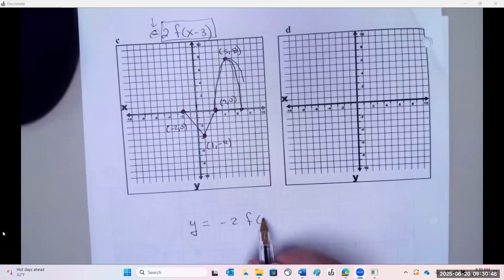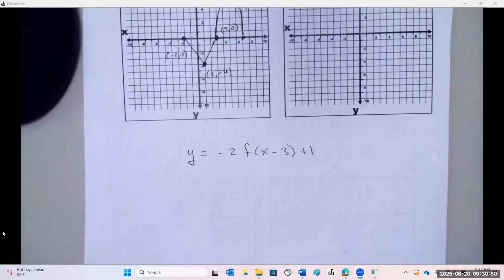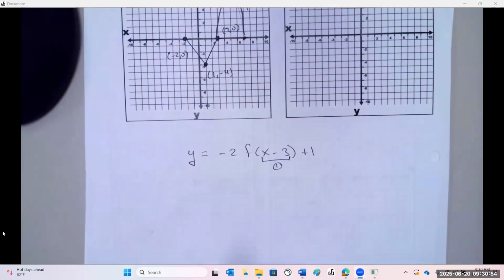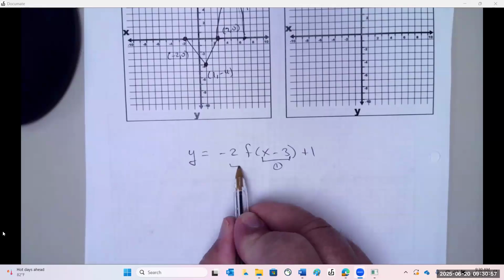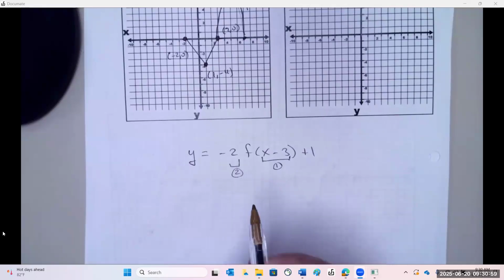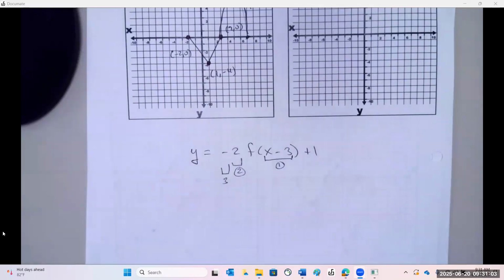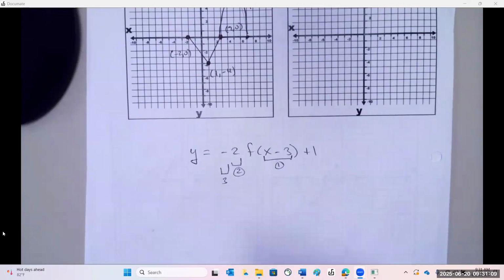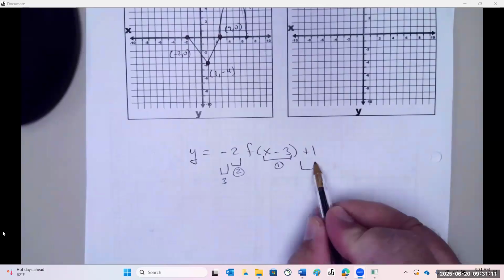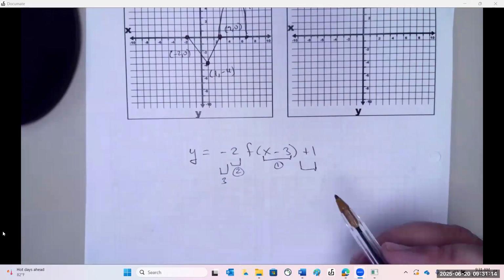Remember, whenever you do transformations, you always work inside out. First thing we did was here. The second thing we did, the third thing we did, what's the fourth thing we're going to do? We do now the last step, always your vertical shift. Nothing changes there except the whole graph itself.